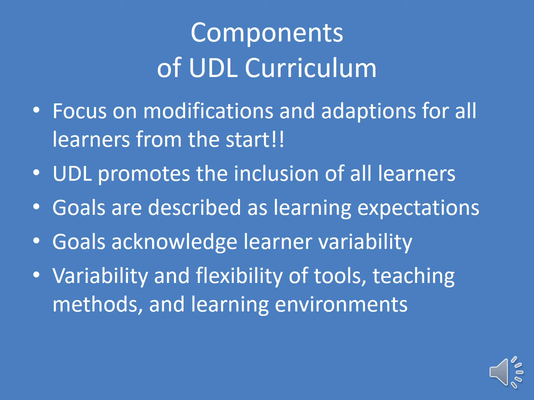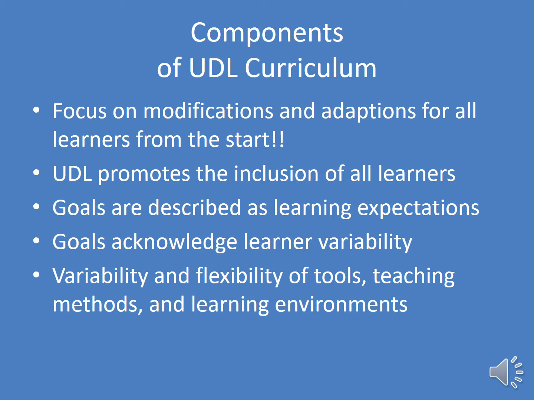Components of a UDL curriculum. The overall thought is that we're anticipating the learner needs, and we're not waiting for them to fail. We're focusing on modifications and adaptations from the very start. We're including all students.